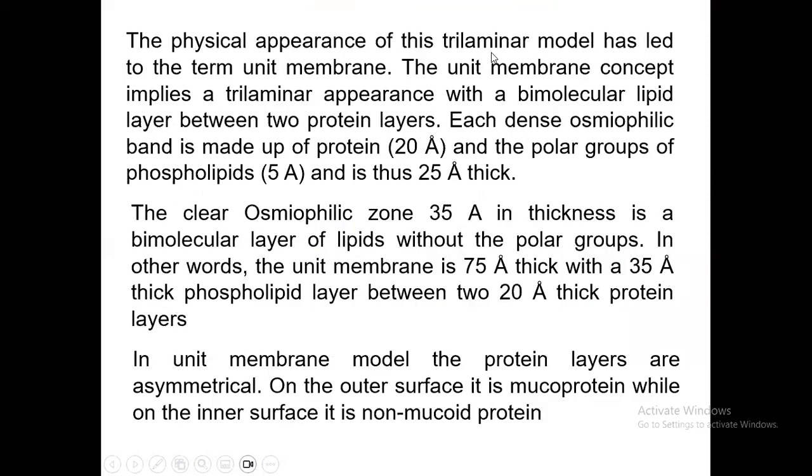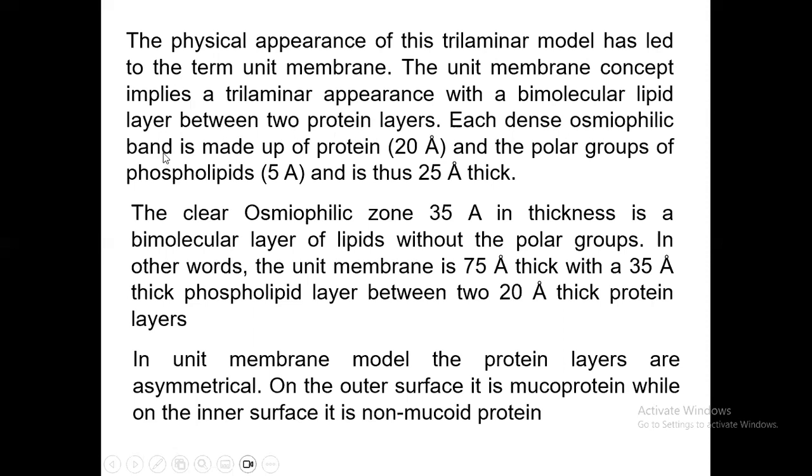The physical appearance of the trilaminar model led to the use of the term unit membrane. The unit membrane complex implies this trilaminar appearance, which is made up of two protein layers sandwiching a layer of lipid in between.